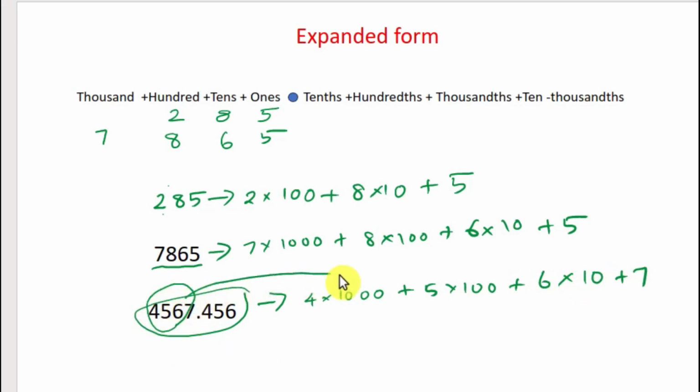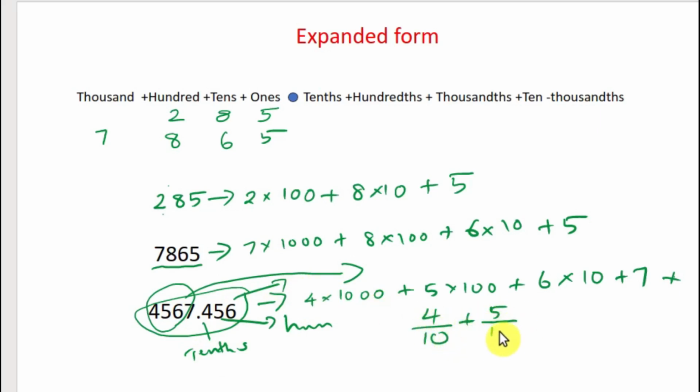4567 is the whole number, and I have written it like that. After the decimal point, I have no space here, so I am writing it here. 4 by 10, this is the tenth position, then hundredth, thousandth. So 4 by 10 plus 5 by 100 plus 6 by 1000.